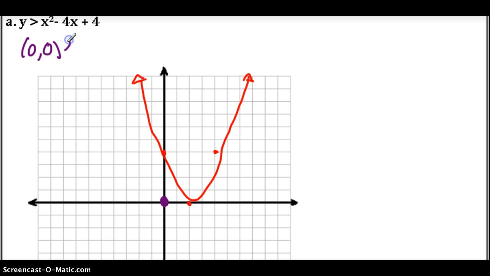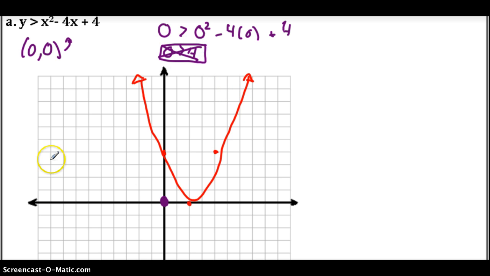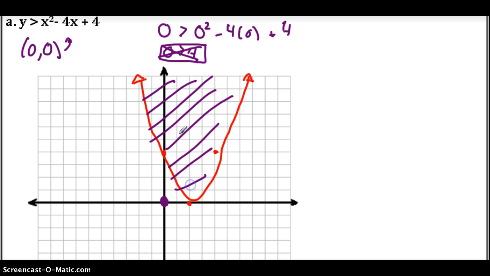So our y is equal to 0, which is greater than 0 squared, because that's our x, minus 4 times 0 plus 4. So that tells us 0 is greater than 0 minus 0 plus 4. And this statement, 0 is greater than 4, is not true. So the solution set is not on the outside of the parabola. It's going to be on the inside. So we're going to shade on the inside of the parabola, and that's all it takes.